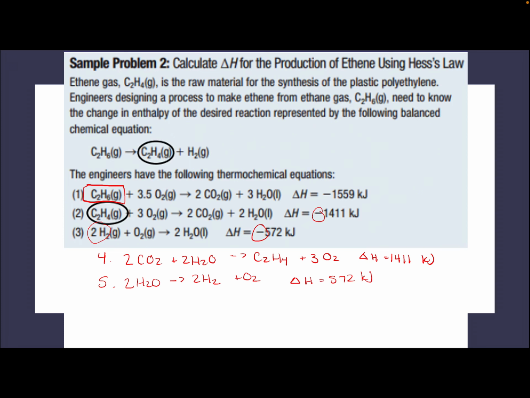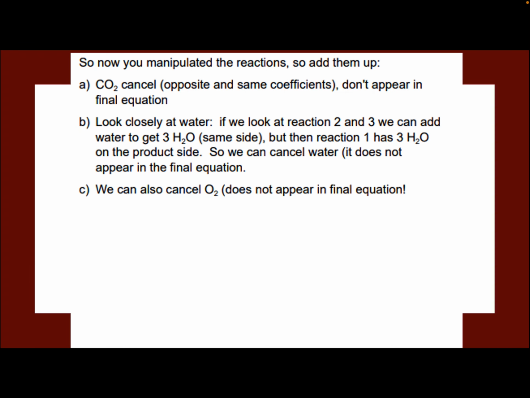And then on top of that, we had our H2, which we needed to also be on the other side in order to reverse it. So we reversed everything. So now that we have manipulated the reactions in a way that's going to work for us, okay, we are going to solve.